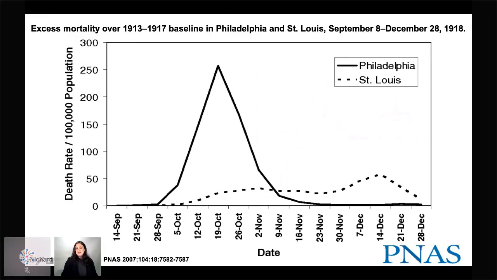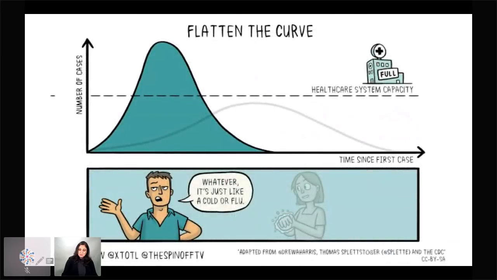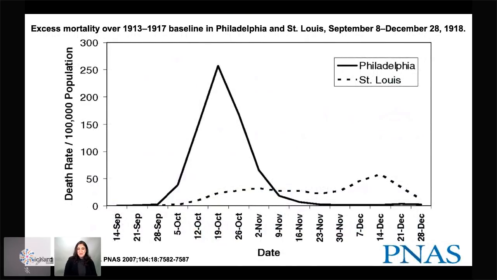St. Louis, on the other hand, decided that they were not going to hold a parade. And take a look at what happened in terms of the spike in not only infected people, but in the death rate within the population in Philadelphia versus St. Louis. And I hope you notice here that this curve is huge and peaked, and the curve from St. Louis looks a lot slower and flatter.